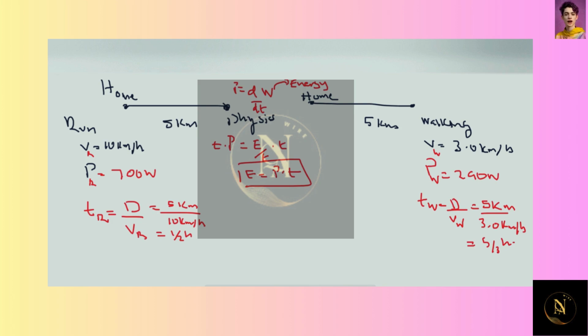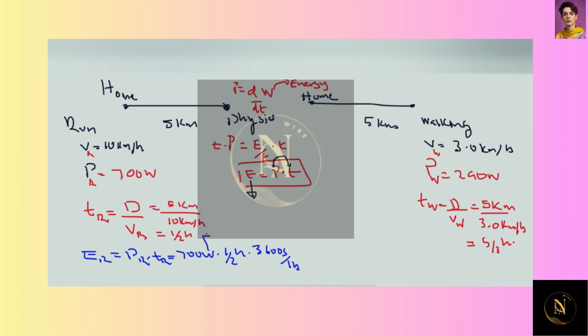We can rely on the energy equation that connects power and time. When you're running, the energy expended would be the power when you're running times the time when you're running. So that gives you 700 watts times the time, which happens to be half an hour. But we have to change the hours to seconds because the power itself is in joules per second.